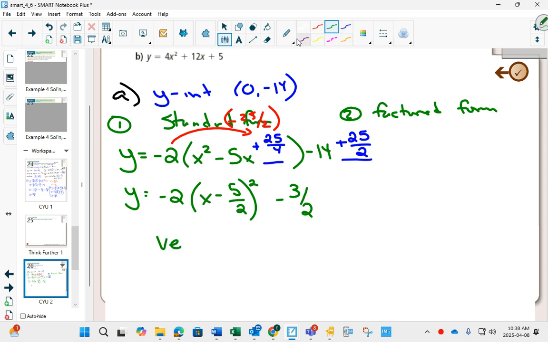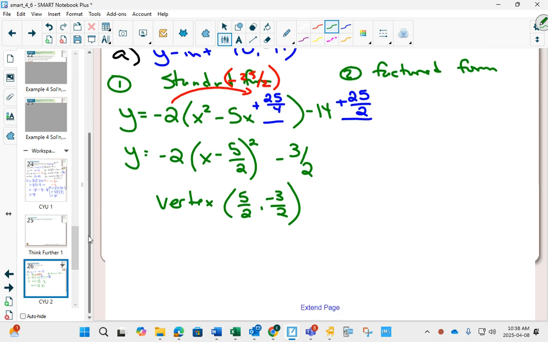So my vertex is 5 over 2, comma negative 3 over 2. And I'll put the graph right underneath here. So on my graph, I could go to 2.5.